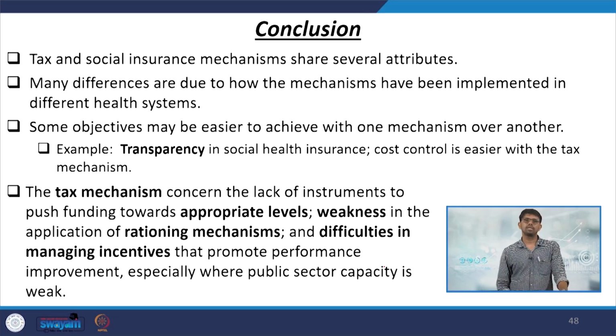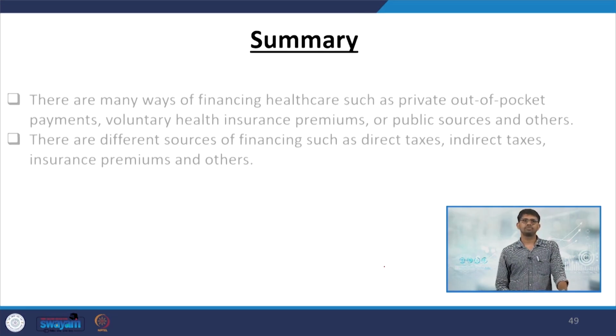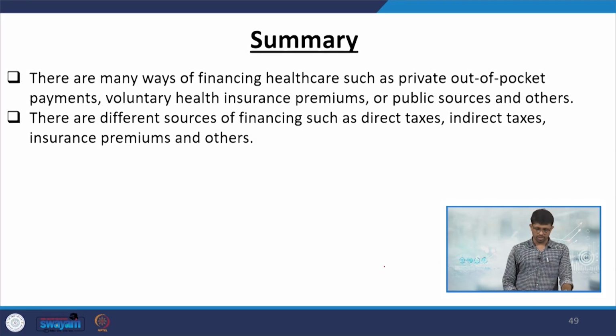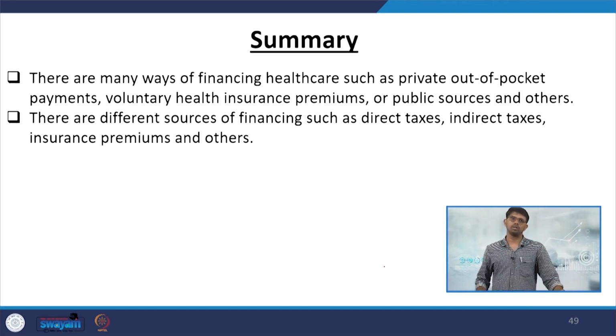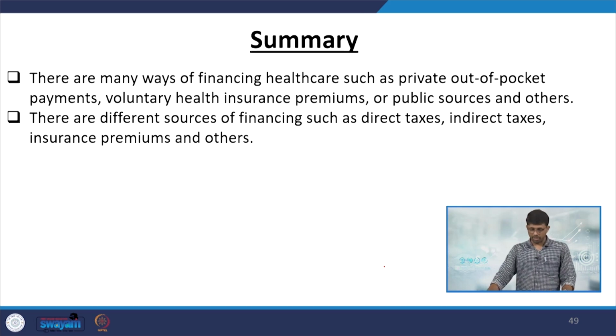So, these are all we discussed, and in short how the health system can be improved, whether through price mechanism methods, rationing methods, or other approaches, so that private out of pocket expenditure could be lower.